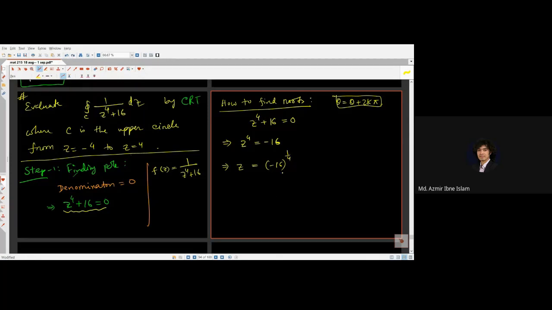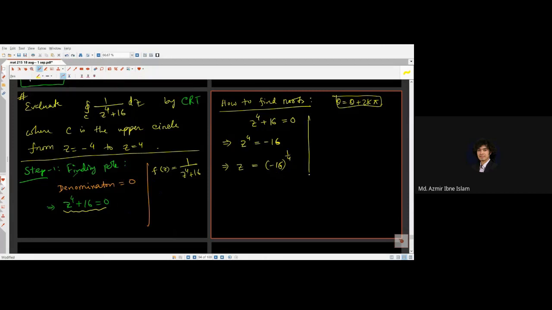So can anyone remember what we have to do now? Week 1 contents are the very basic part, because without those concepts, we cannot go forward. This is a rectangular number, right? And this part should be converted to polar form.